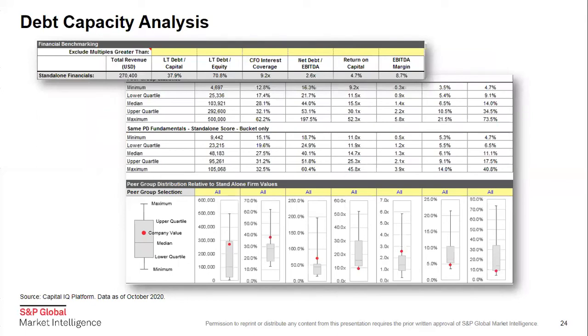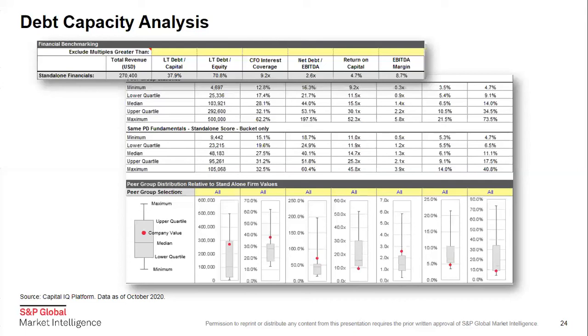And we have a nice graphical determination to see if those components, long-term debt to capital, long-term debt to equity, CFO coverage interest, net debt to EBITDA, and return on capital, along with EBIT margin, are now within the interquartile range, based upon those components that S&P uses in its risk analysis for determining the quantitative basis of our determination of the risk assessment.